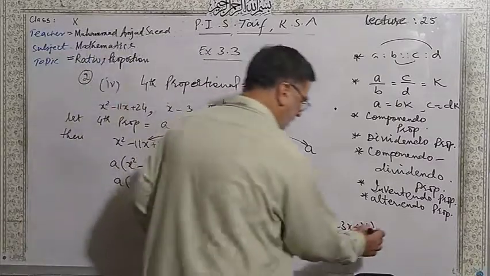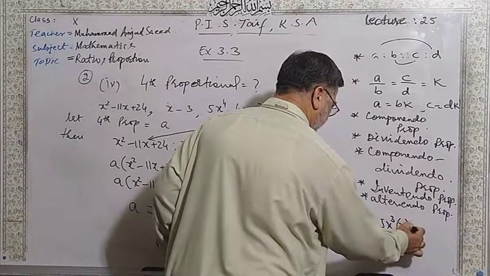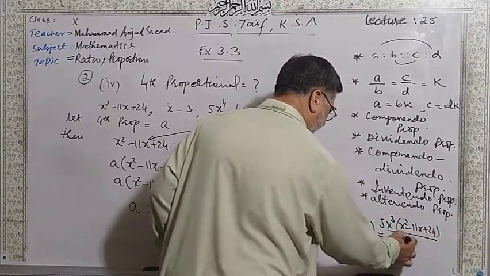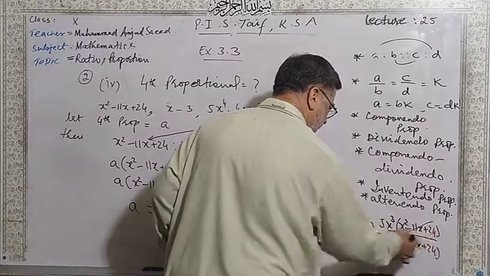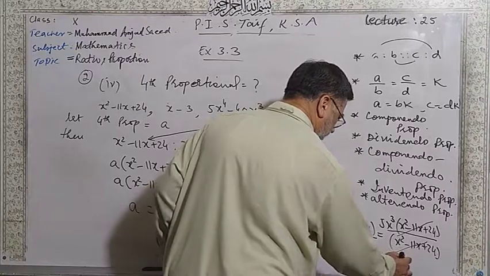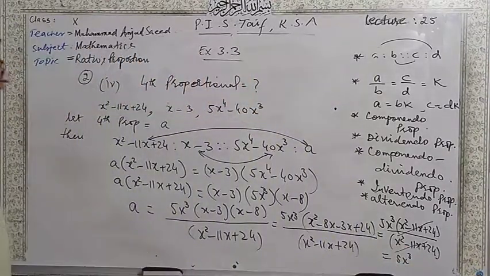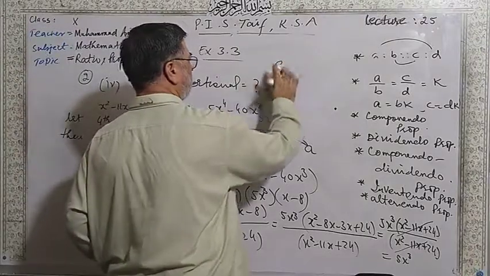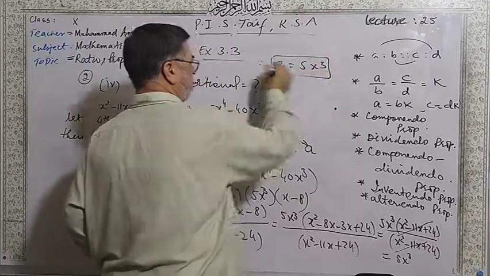So here you can write down 5x cube into x square minus 11x plus 24 divided by x square minus 11x plus 24. This is divided, this cancelled out, and we are left with 5x cube. Hence, our fourth proportional is equal to 5x cube.